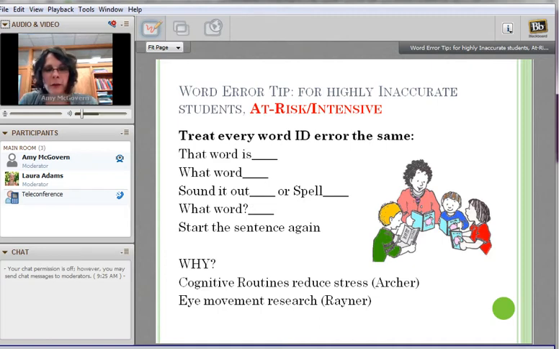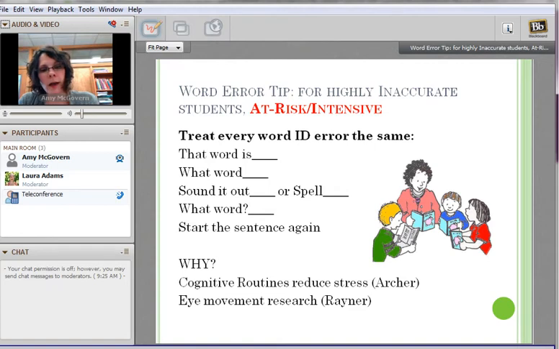And if you can find a cognitive routine that keeps the student in the word first, and you always say the same thing when you're addressing that word, what happens is the students stop worrying about what you're going to say, and they start thinking about what they need to do and learn. Because they're already coming to the table with a lot of anxiety.